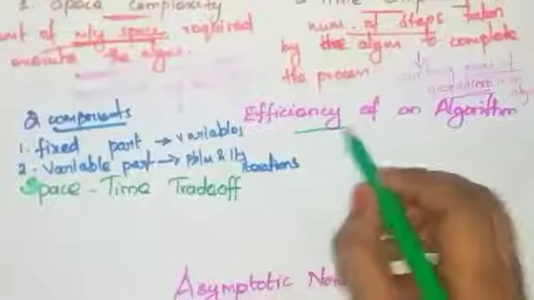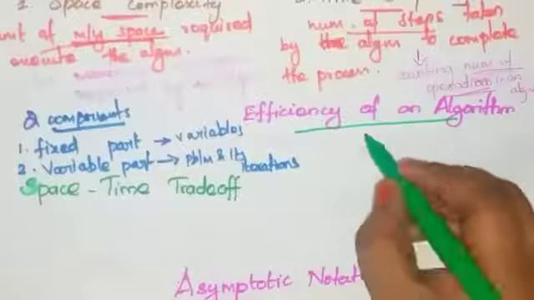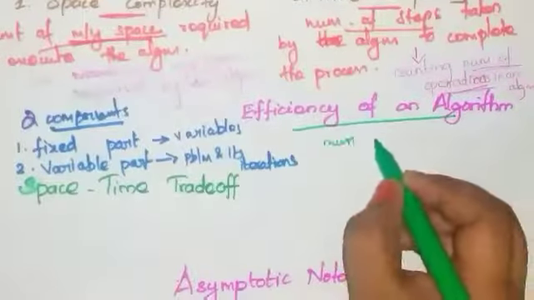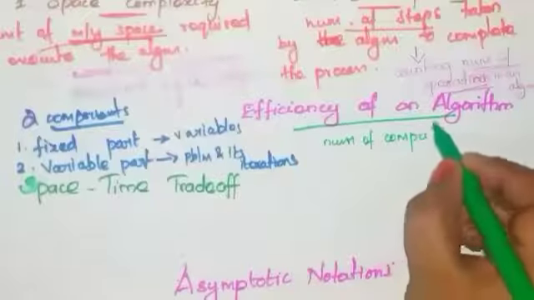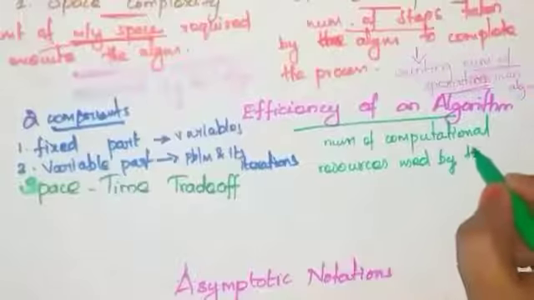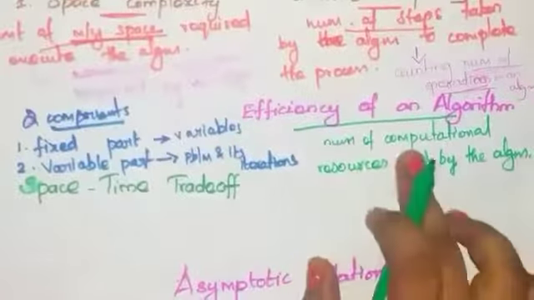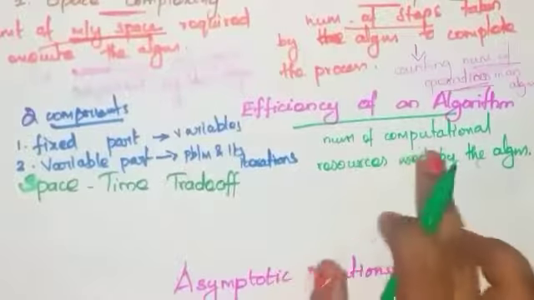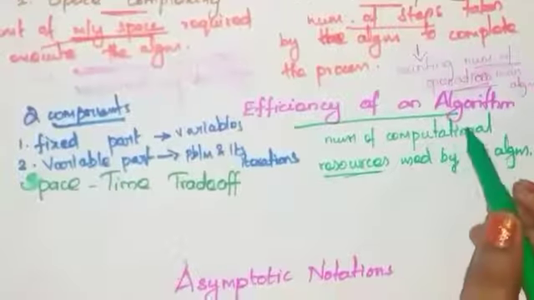Next, efficiency of an algorithm. What do you mean by efficiency of an algorithm? This efficiency of algorithm is defined as the number of computational resources used by the algorithm.